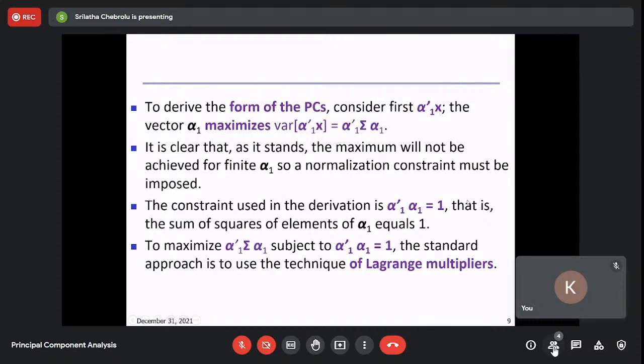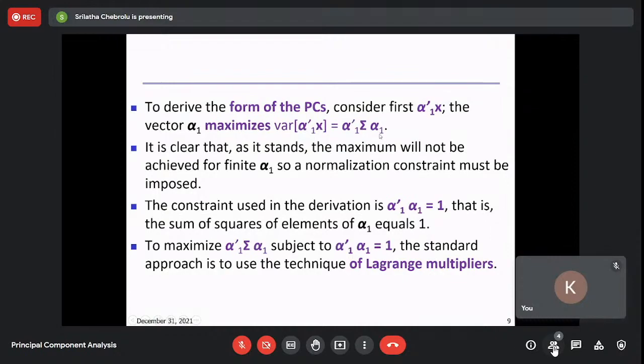Now they are talking about how to derive the form of the PCs. Consider first alpha 1 transpose of x. The vector alpha 1 has to maximize the variance, that is our objective. The variance of alpha 1 transpose of x equals alpha 1 transpose times sigma, the covariance, times alpha 1.